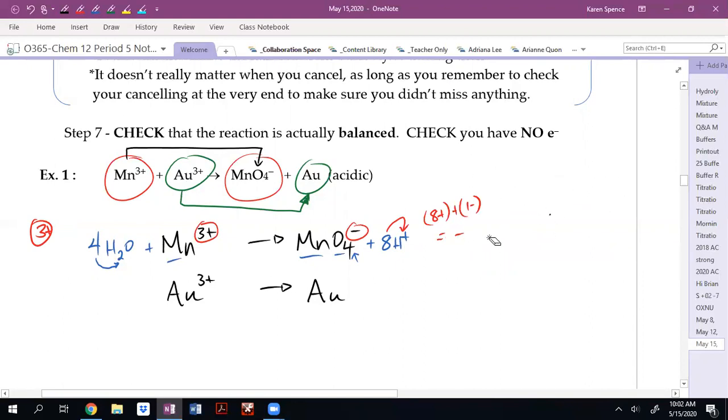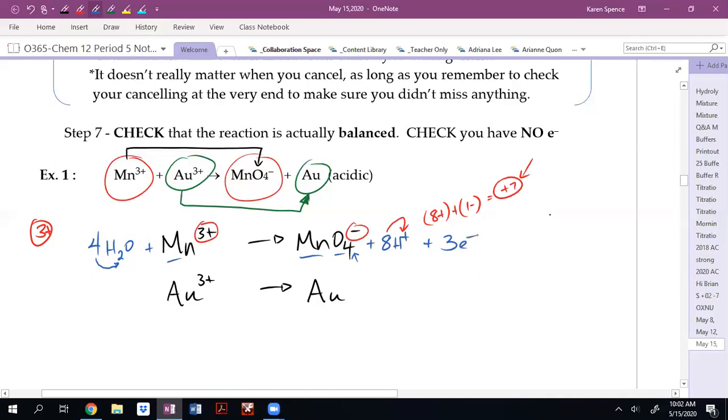Let's fix that. Positive 7, there we go. So my right-hand side has more positive charge, so I need to add electrons. How many electrons do I need to add to the right-hand side? I need to add 4 of them, because that is going to be -4 added onto 7, which gives me +3, just like the other side.